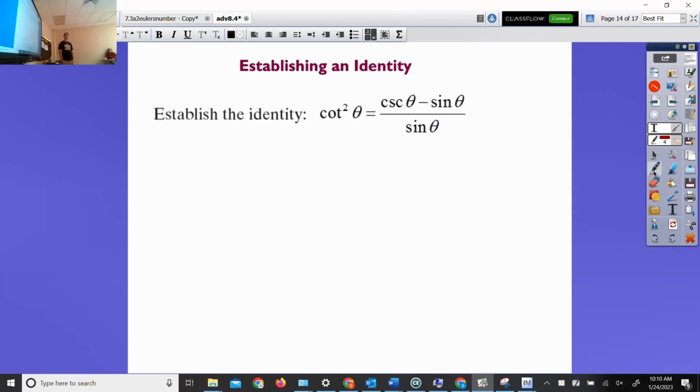How do you rewrite cosecant? 1 over sine. Actually, I'll tell you what, before we do anything, let's break the fraction apart. That might actually be easier. Just break it apart. What is cosecant theta minus sine of theta over sine of theta written as 2 distinct fractions?